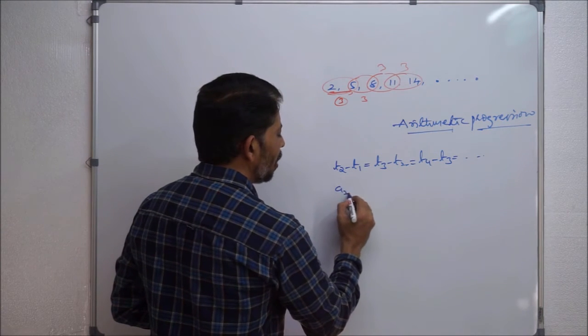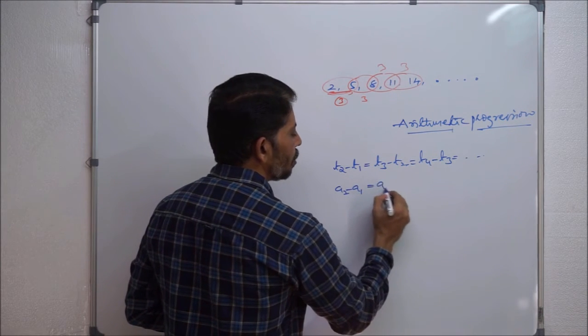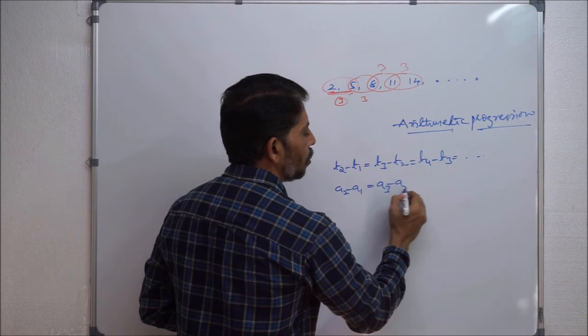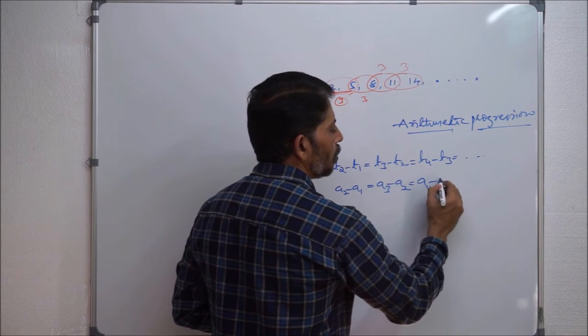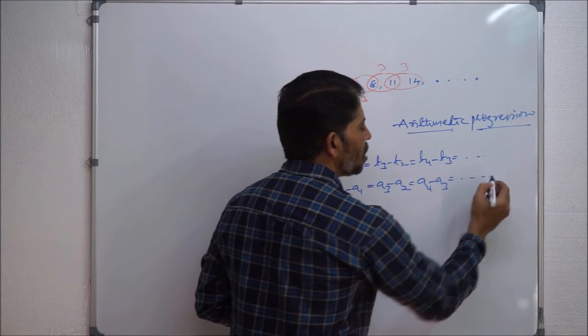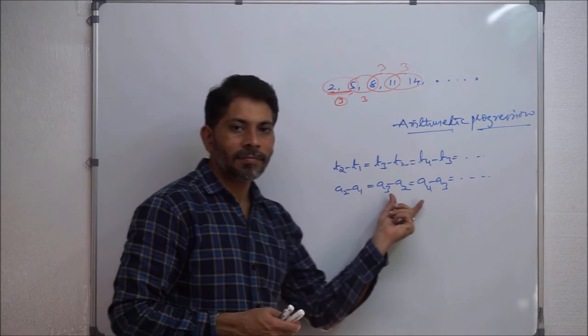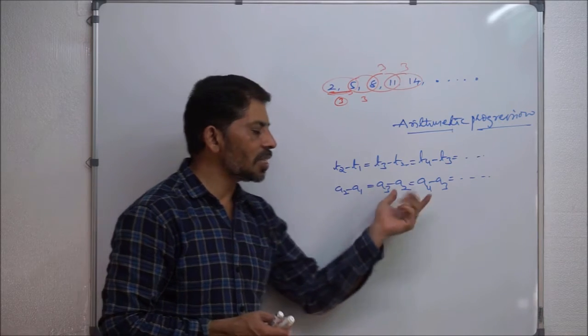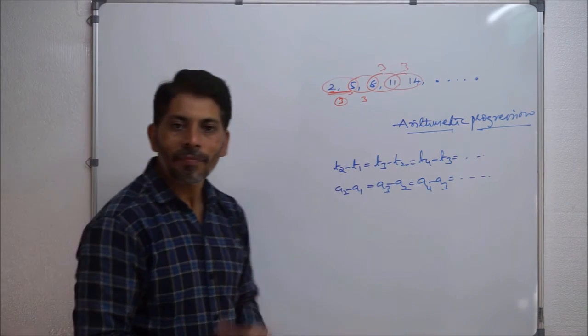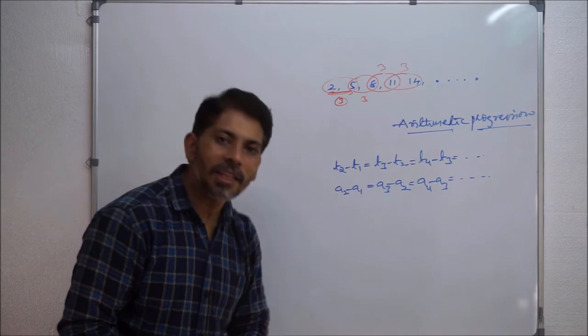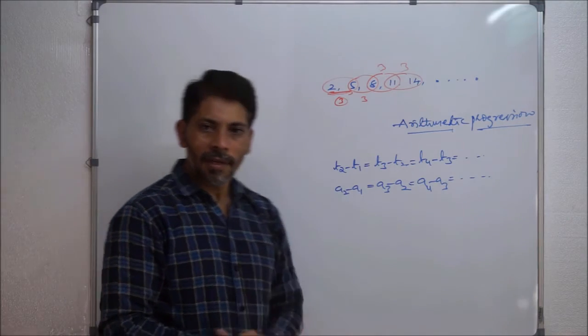So A2 minus A1 is equal to A3 minus A2 is equal to A4 minus A3. Such a progression in which the difference between two successive terms is always the same is said to be arithmetic progression. Right?